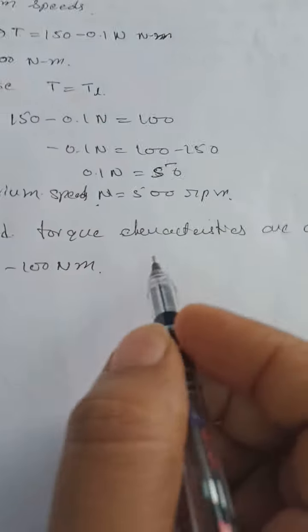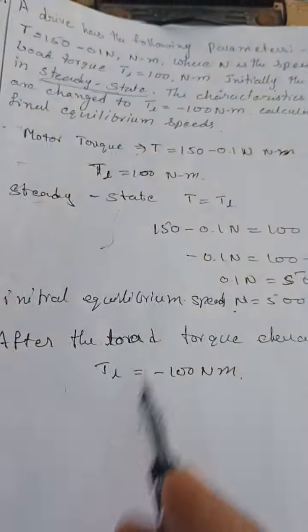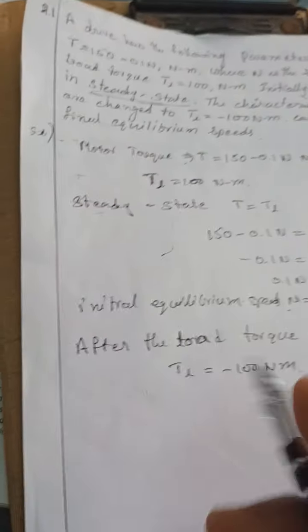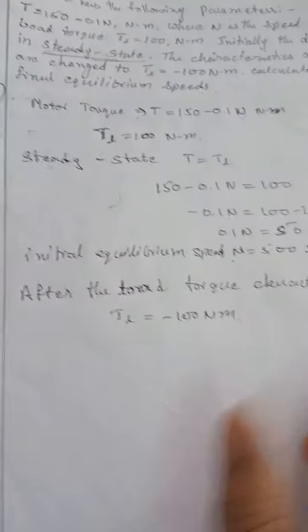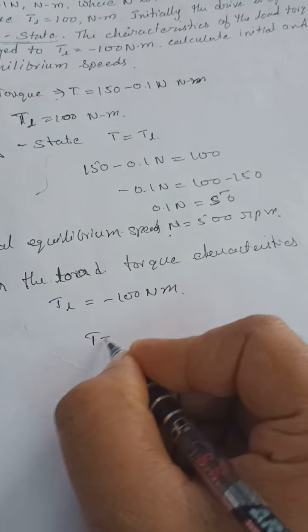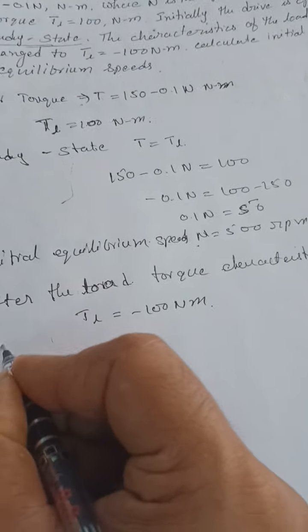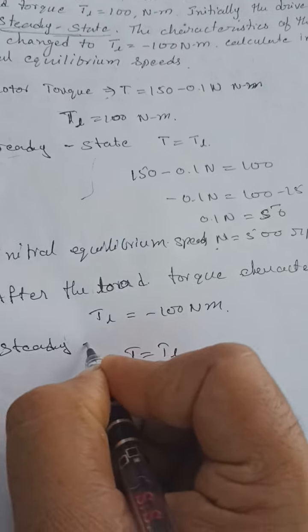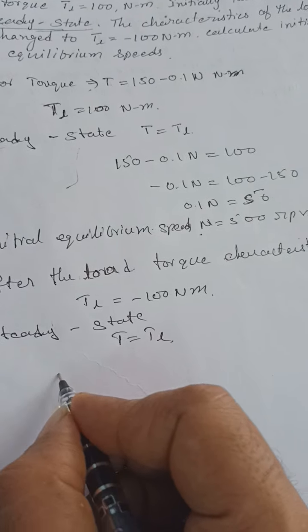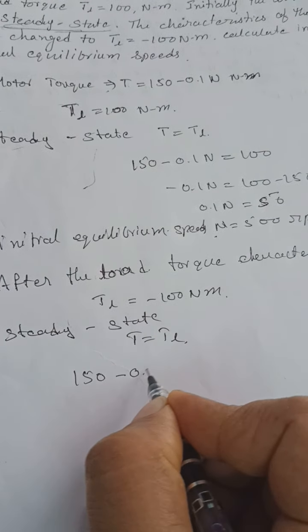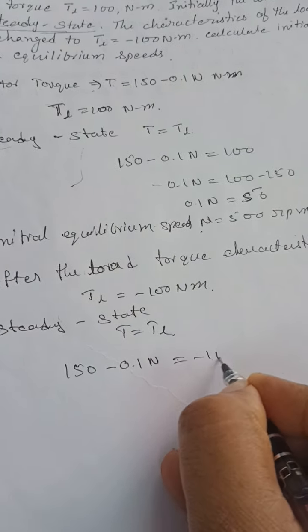After the load torque characteristics are changed to TL equal to minus 100, in the same way at steady state we again have T equals TL. That's why they are asking for the equilibrium position at steady state. Again 150 minus 0.1 n equals minus 100.